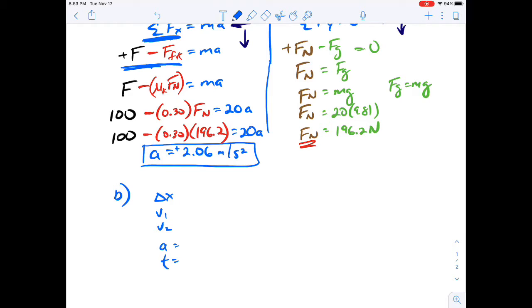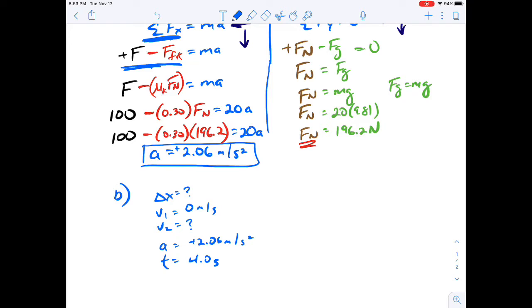So those are our acceleration formula variables. I'm asking for this. I'm also asking for this in part C. We know the starting velocity is 0 meters per second. We know the acceleration now is 2.06 meters per second squared. And I know the time happens to be 4.0 seconds. I had given that. So in the first situation, they want to know time.